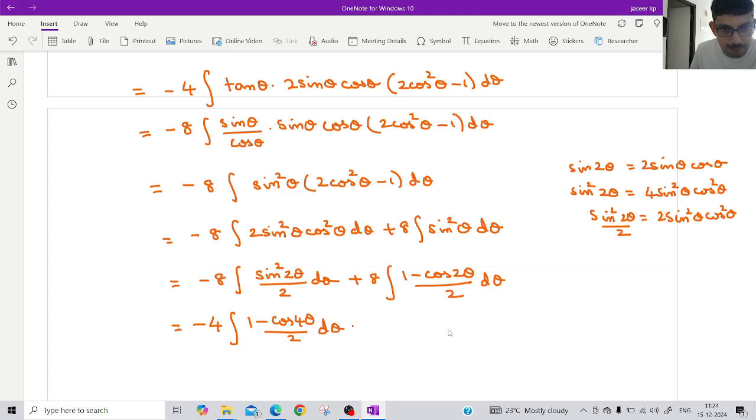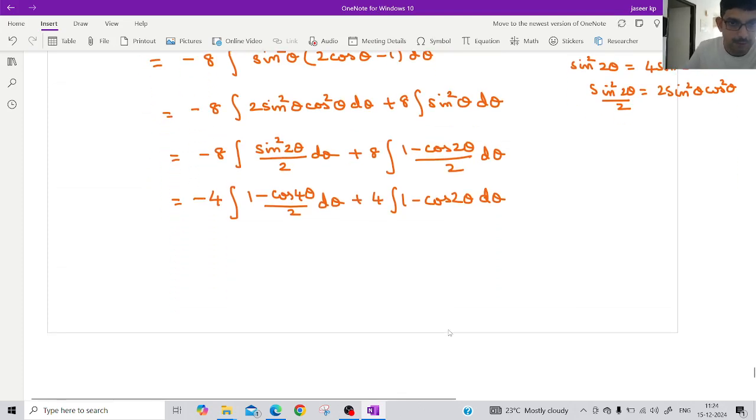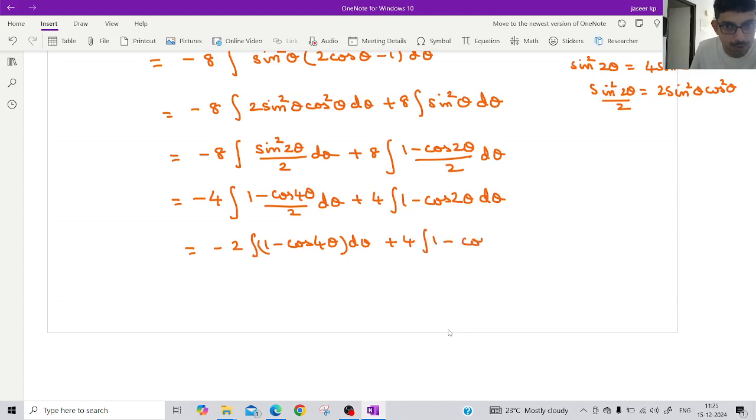So this is plus 4 integral of 1 minus cos 2 theta d theta. Now that is minus 2 integral of 1 minus cos 4 theta d theta plus 4 integral of 1 minus cos 2 theta d theta.